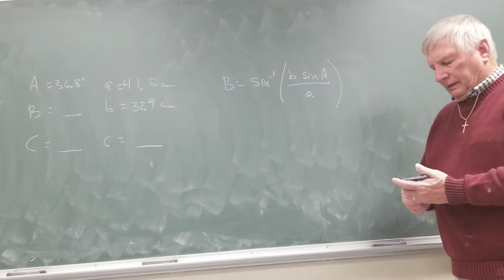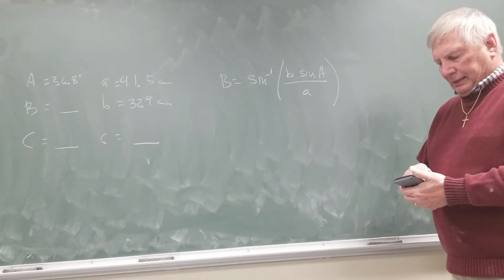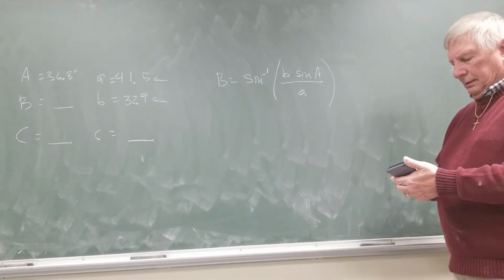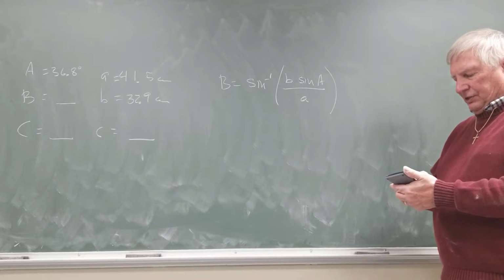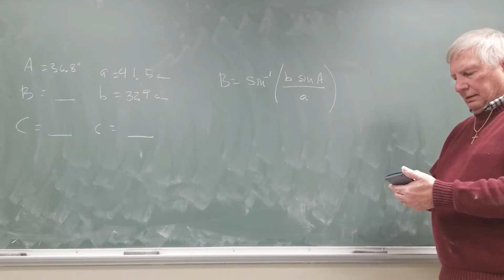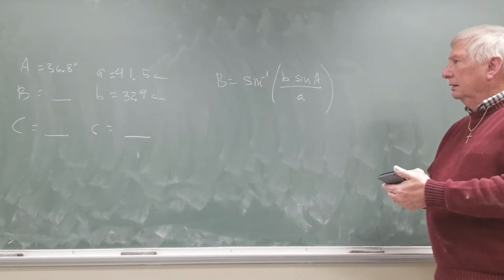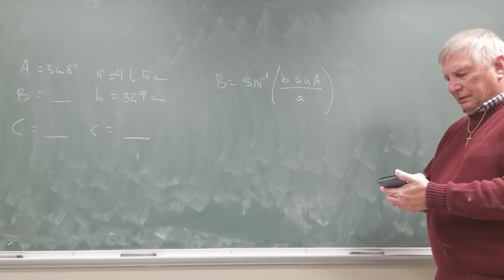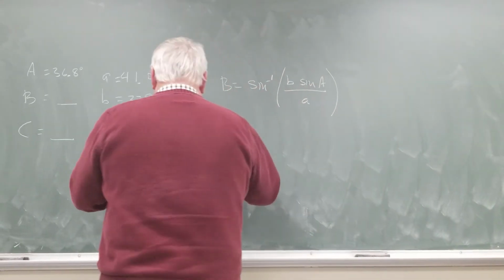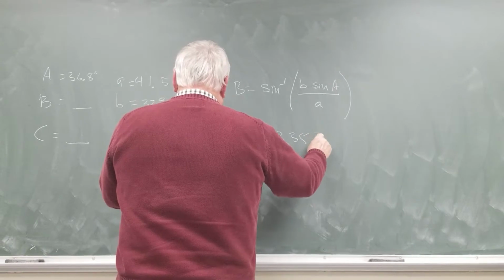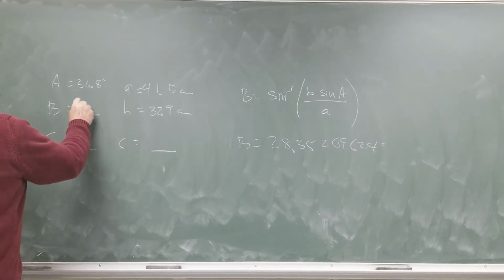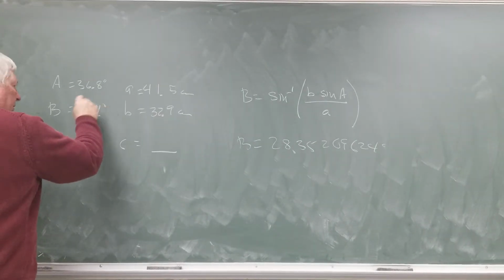Let's see. Inverse sine of 32.9 times the sine of 36.8 divided by 41.5, close, inverse sine, and it says B is 28.35209624 degrees, which we record as 28.4 degrees.